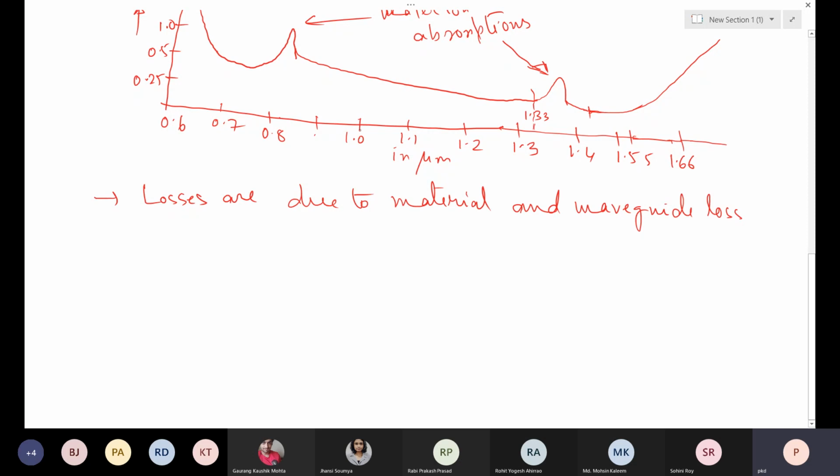Material loss is inherent property of the material, whereas waveguide loss depends on the geometry of the optical fiber. Waveguide loss is also dependent on the local bending.